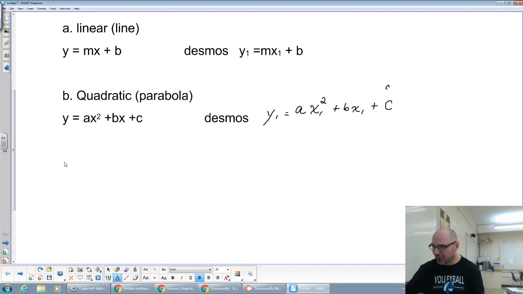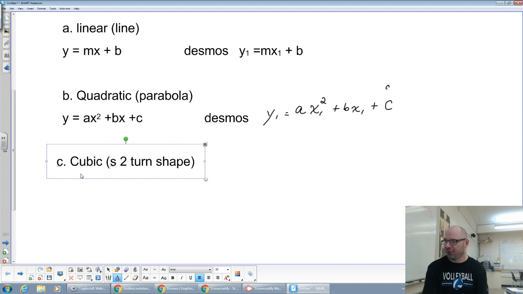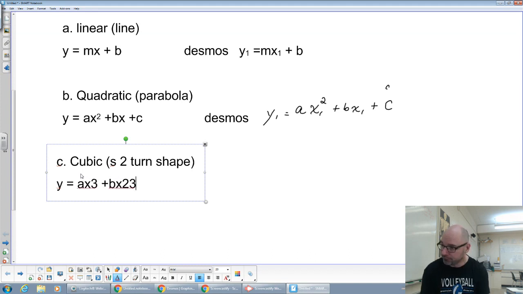For a cubic equation, we have y equals ax cubed plus bx squared plus cx plus d. Okay, so that's a cubic equation in standard form.